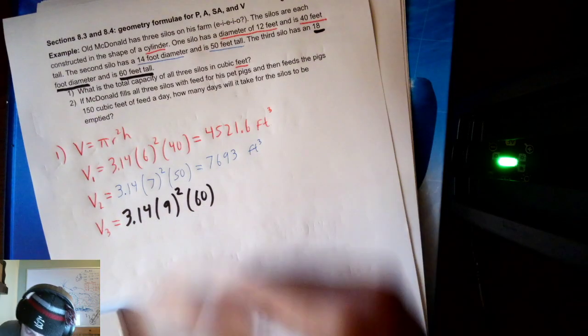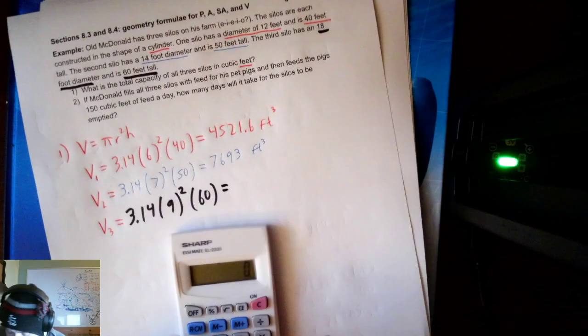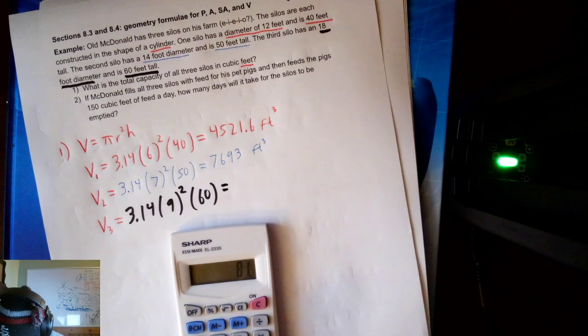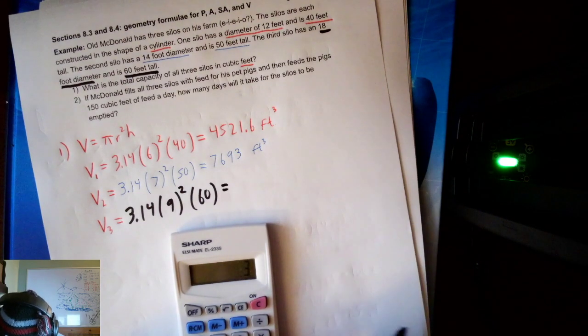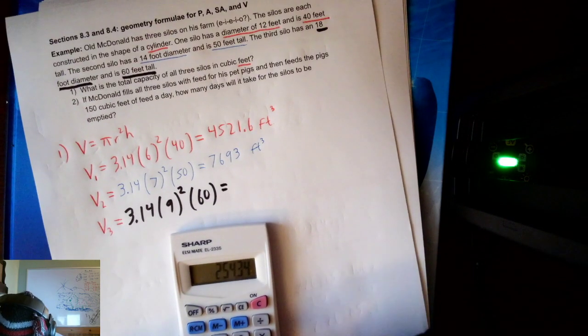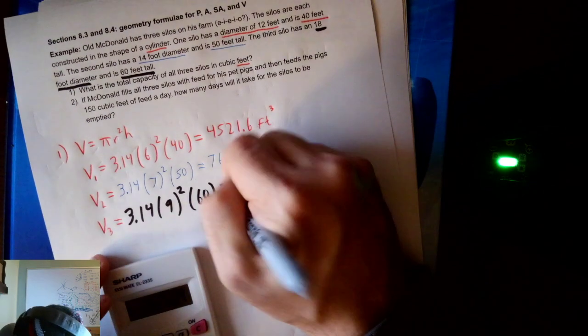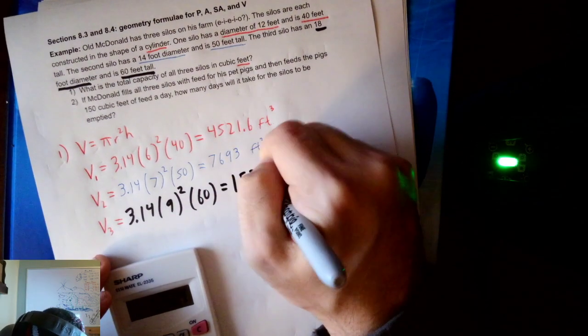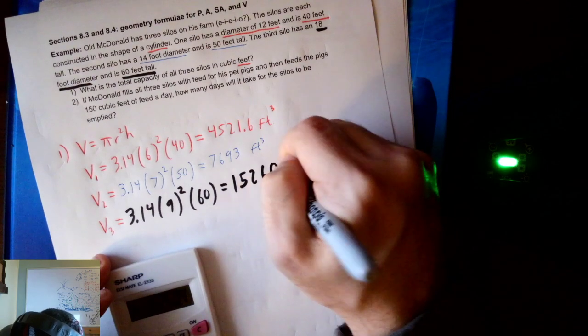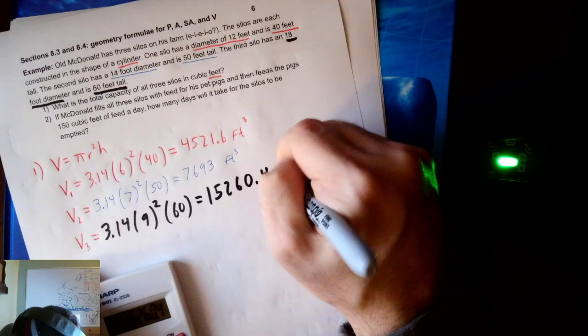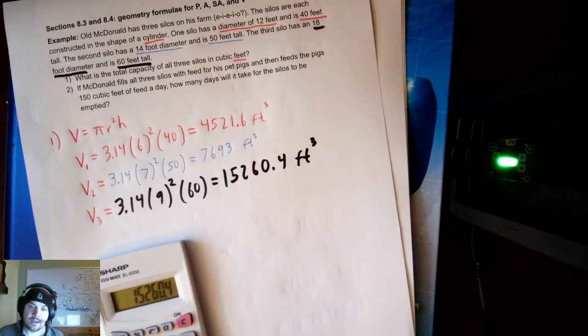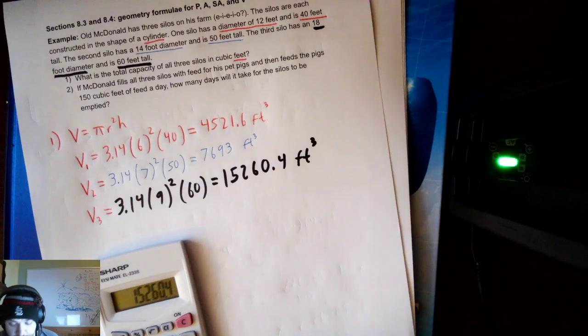And then we'll do the same thing for the last one, right? We'll start with 9 squared. 9 times 9 is 81 times pi, and then times 60 will give me 15260.4 feet cubed.